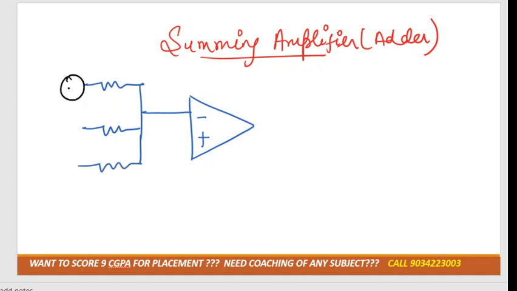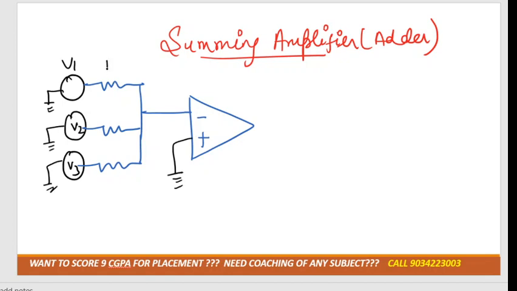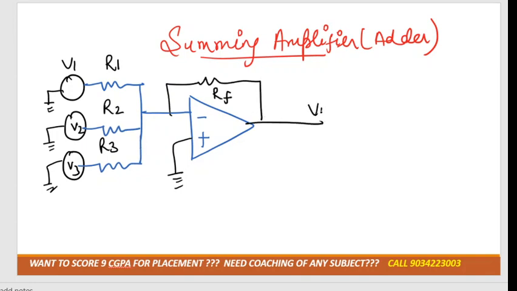Suppose this one is V1, this one is V2, and this one is V3. The positive terminal would obviously be grounded. Here the resistances we can consider R1, R2 and R3, and there is a feedback resistance also. Feedback resistance is denoted by RF, and the output voltage is denoted by V0.